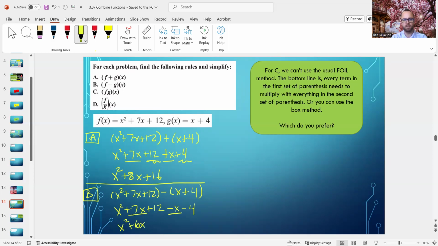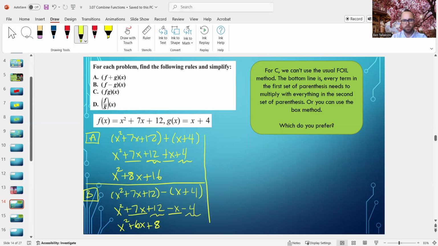That's a 6, and then 12 minus 4, that's 8. If you haven't tried C or D, now is a great time for you to do that. Okay, let's do it together. Let's see how you did.